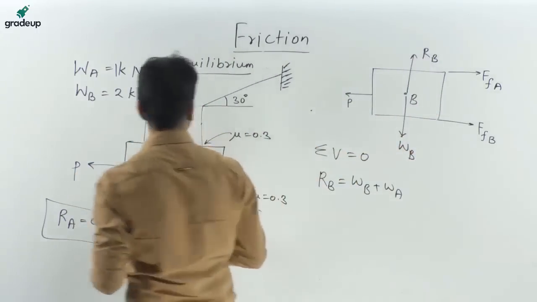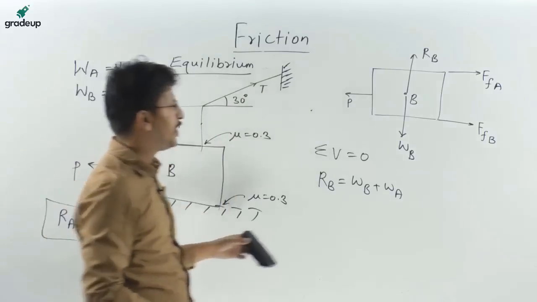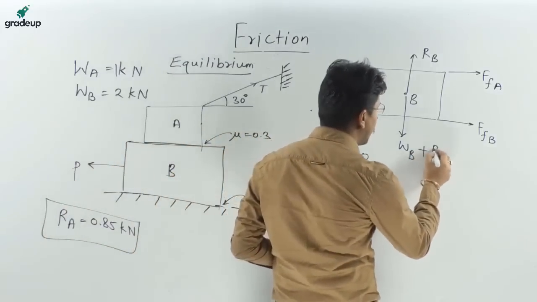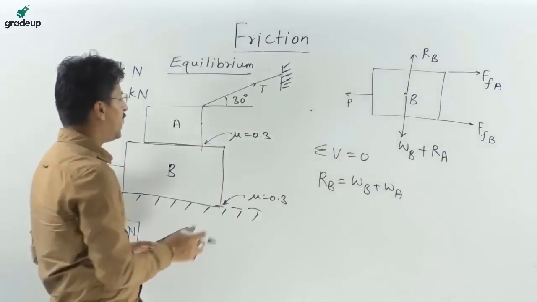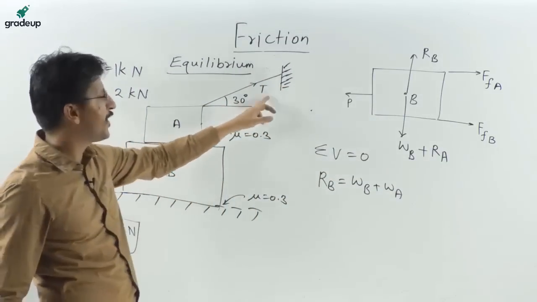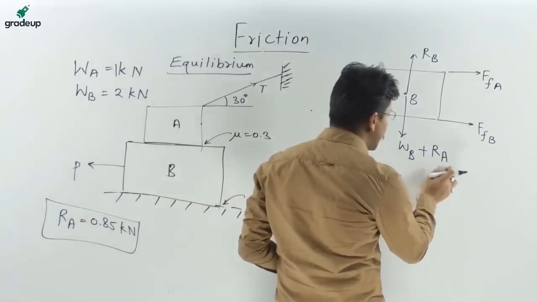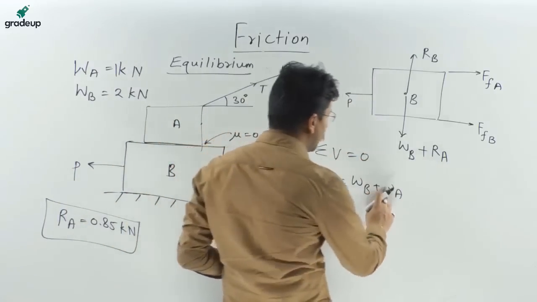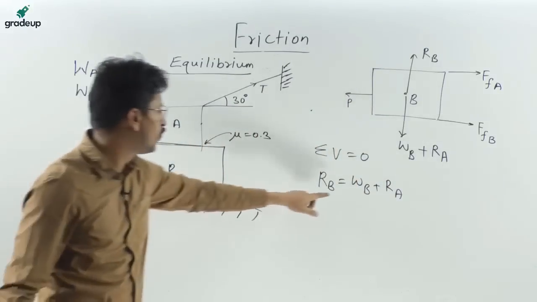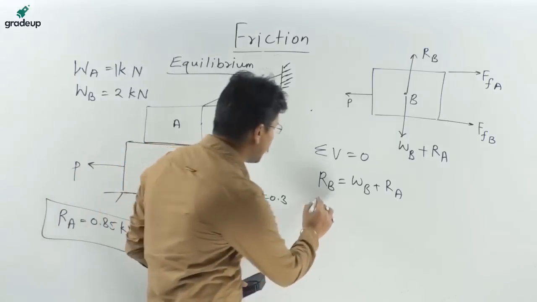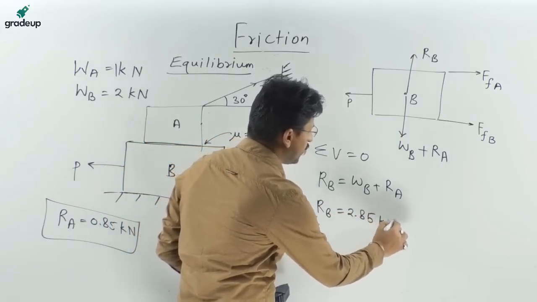Why? Because there will be the effect of the tension as well. So there will be the reaction acting here, that is RA, not WA. Because if we consider only WA, then the effect of the tension goes out. So just keep in mind it will be WB plus RA. RA value we found out as 0.85, WB is 2. So this RB will come out to be equal to 2.85 kilonewton.